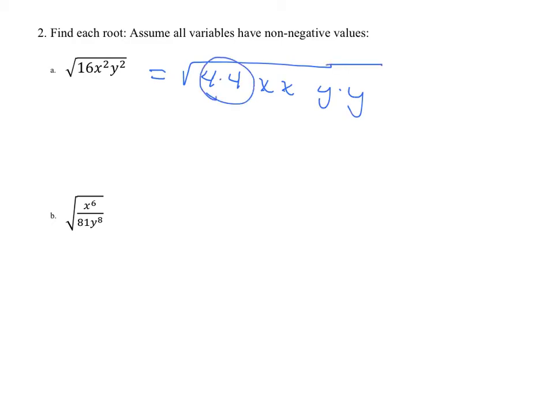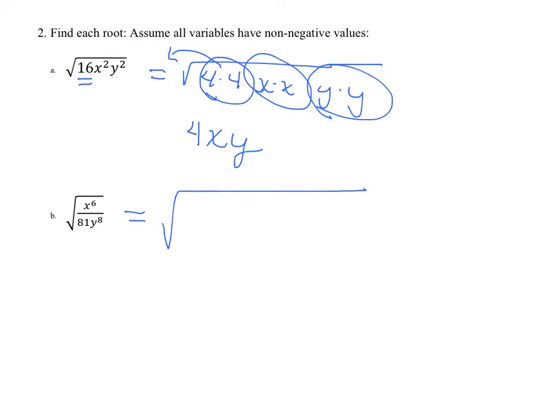So a pair of 4s comes out as a 4 because the square root of 16 is 4, but a pair of 4s comes out as a single 4. A pair of x's comes out as a single x, and a pair of y's comes out as a single y.